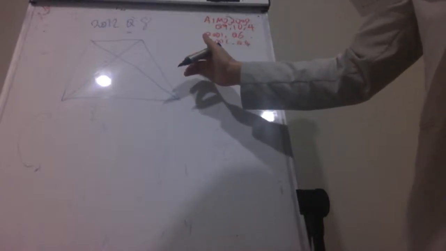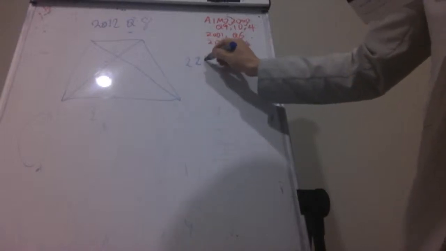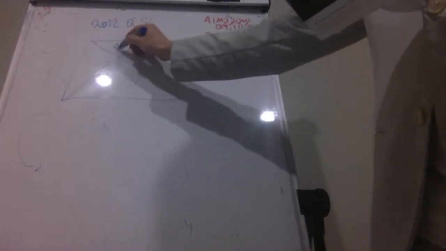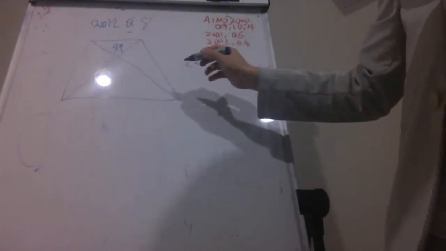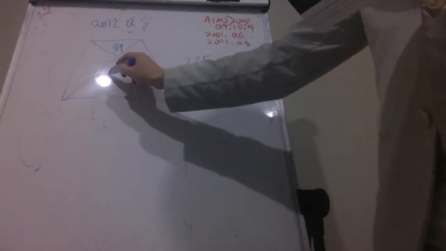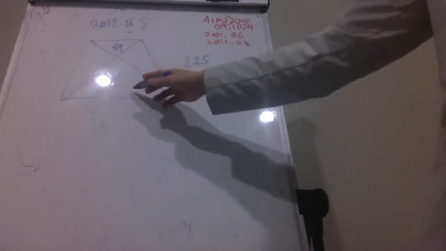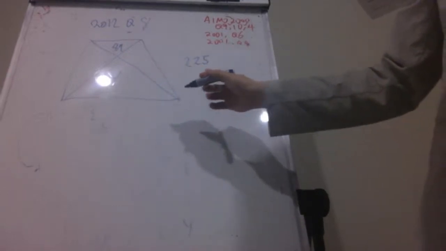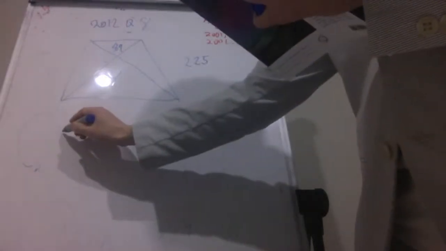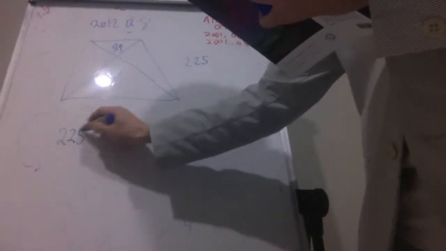So the whole area is 225. And the area of BPC is 49, right? What is the area of APD? So I'm going to call it Y, actually, because remember that. And so basically we have from our question before, the whole area is given by 225.